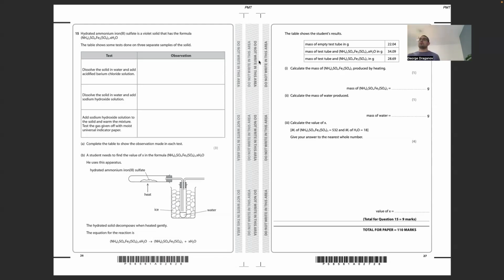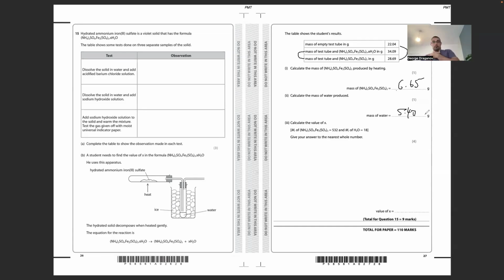So if you minus these 2 numbers from each other, you would get 6.65. That would be the mass of the anhydrous crystal. Then to find the mass of water, you minus these numbers. You don't care about the test tube because you're looking at how much water was driven off. So that would give you 5.40.